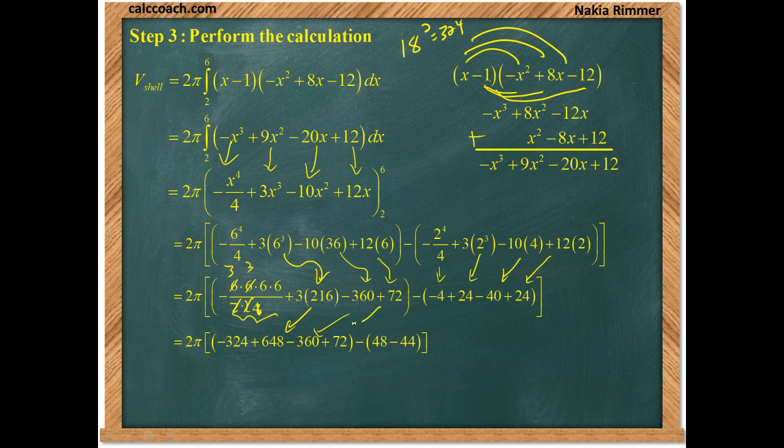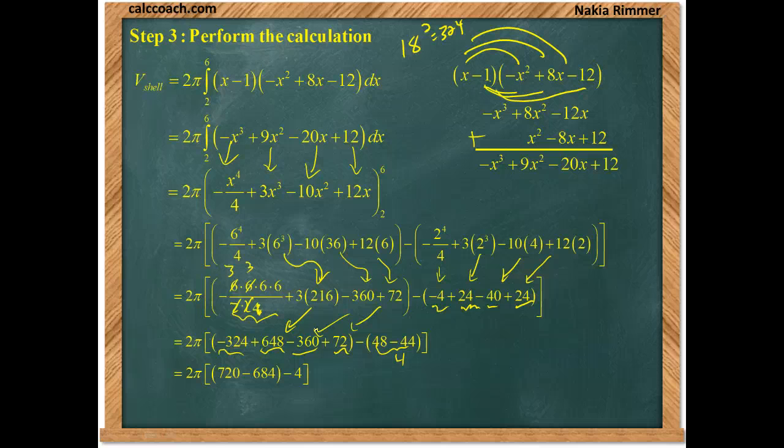Take away the 360, add on the 72. And then look over here, we'll have basically put the positives together, get 48. Put the negatives together, take away 44. So that's a 4. Put the positives together here, and we get 648 and 72. That'll be a solid 720. And then put the negatives together here and get negative 684. So from that 720, we take away 684.